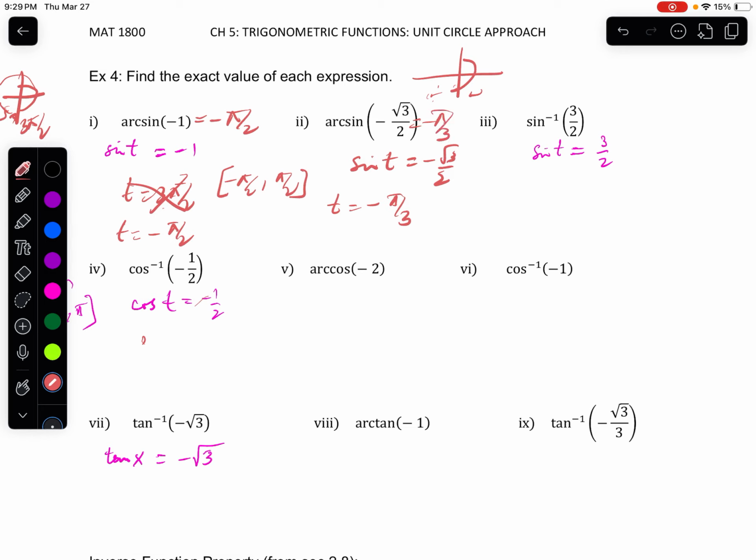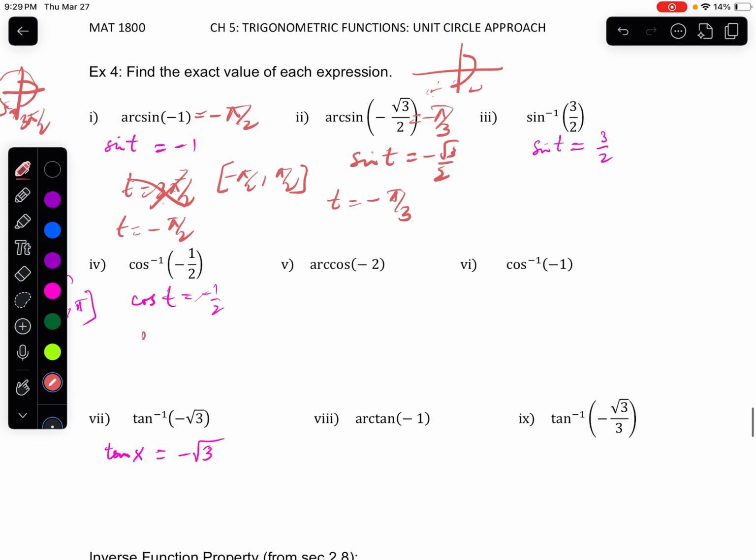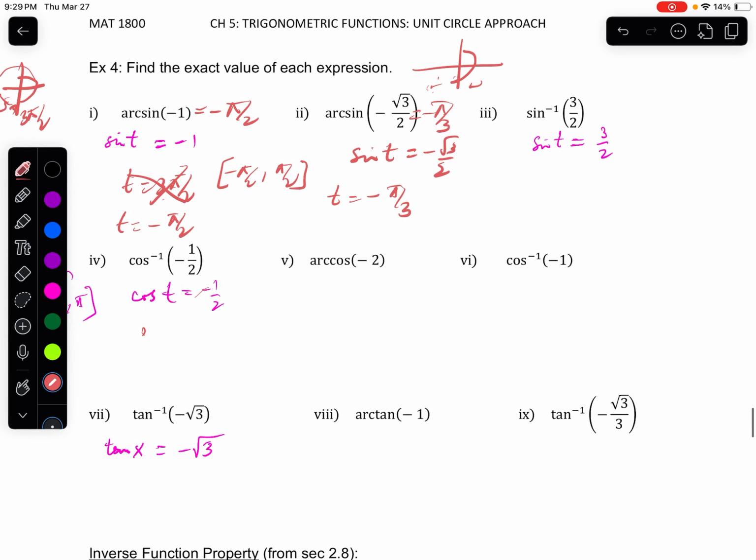If we are looking at the next one, it says sine inverse of 3 over 2. So again, we are trying to find t such that sine of t is equal to 3 over 2. But wait a minute, 3 over 2 is what? 3 over 2 is 1.5. 3 over 2 is bigger than 1.